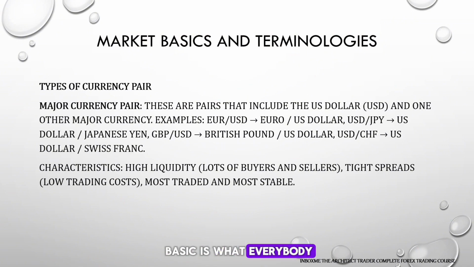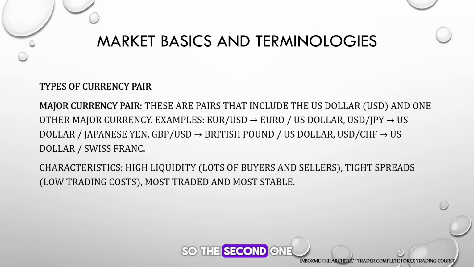It's what everybody knows, it's the simplest to help you adapt in the forex market, and you just have to choose one. You can choose GBP USD, Euro USD, or USD CHF, right? These pairs are easy to calculate, easy to go about, easy to understand, right?